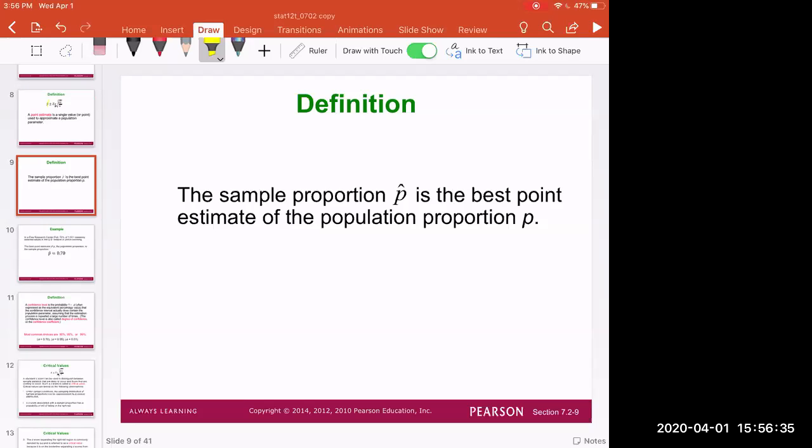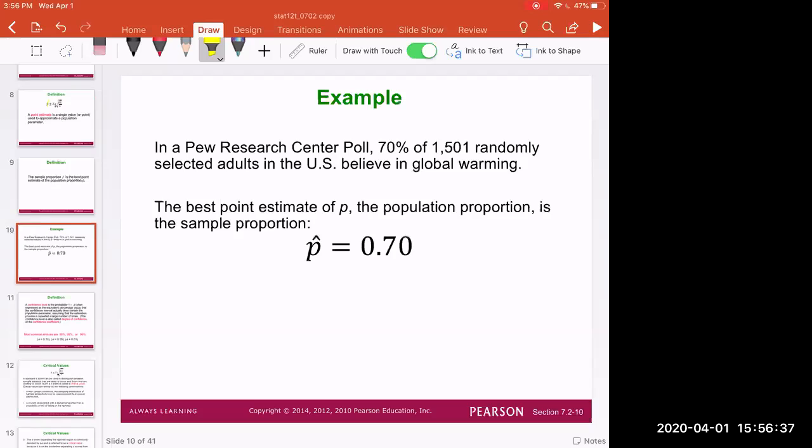So p hat to estimate p. And so from our example, where the Pew Research Center found 78% of 1,501 randomly selected adults in the US believe in global warming, our point estimate p hat is just 0.7 from the 70% right there, since that's our sample proportion.